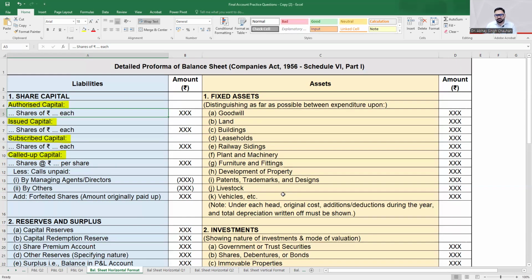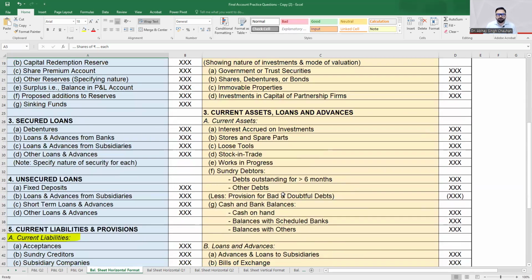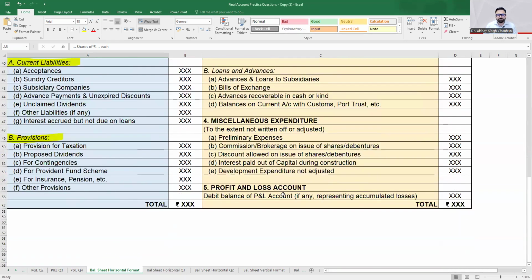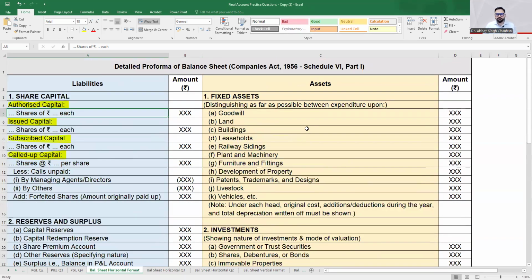Whereas on the asset side, we have fixed assets, investments, current assets, loans and advances, then miscellaneous expenditure and profit and loss account. And as per the accounting equation, the total of the asset side will always be equal to the total of the liability side, right? So this was the horizontal format wherein we have understood the format of balance sheet.